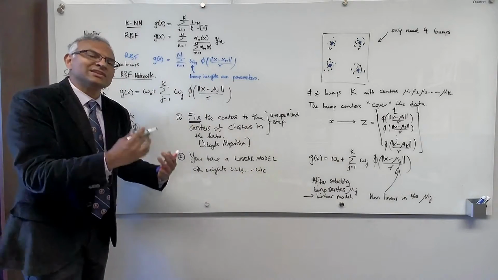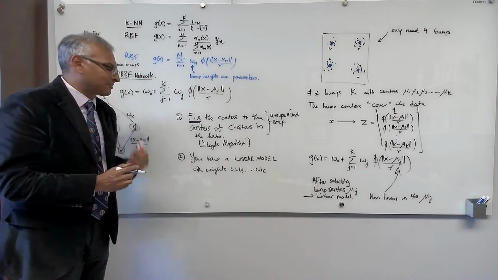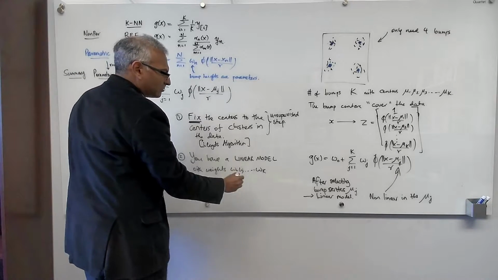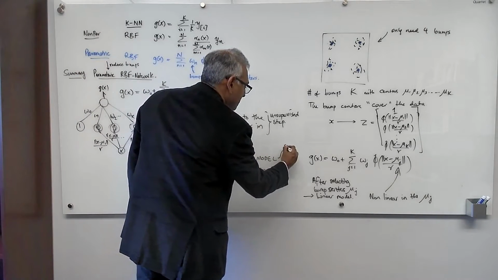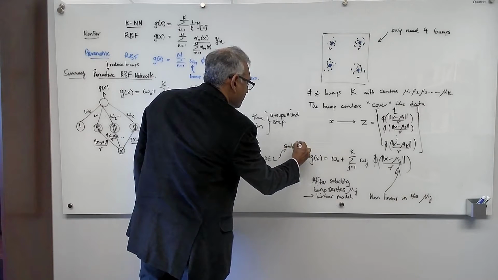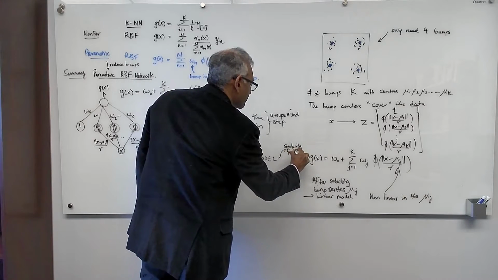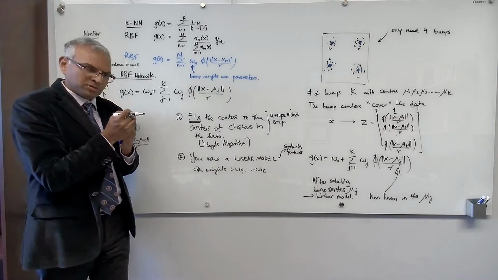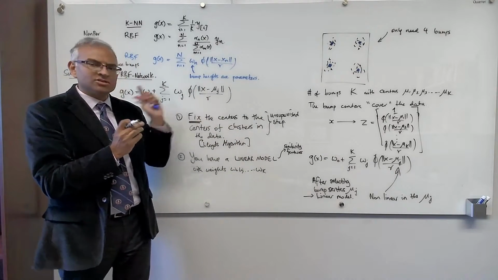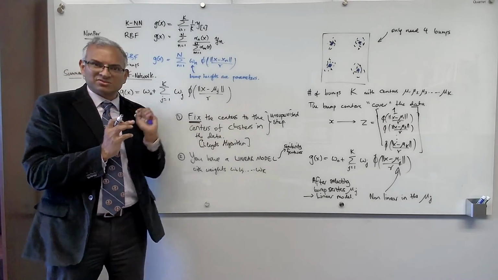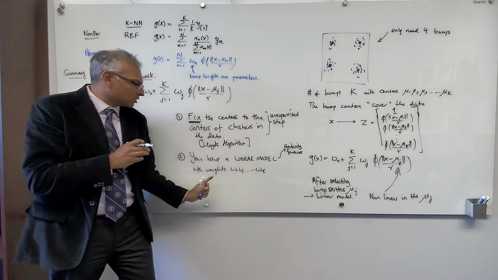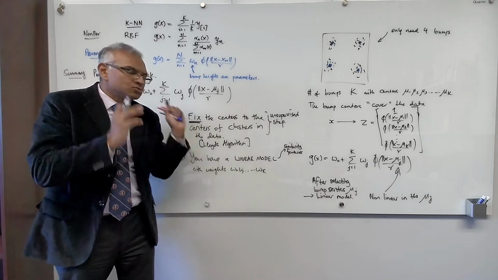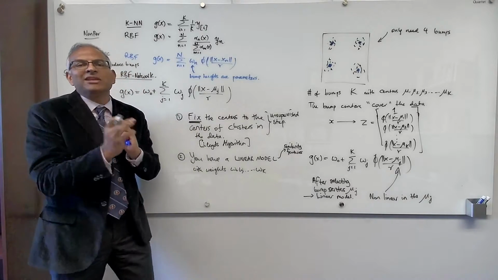You can use whatever linear model algorithm you want for your application. So you have a linear model with similarity features, where your feature for an input X is just the K similarities to your K centers, which you have fixed using Lloyd's algorithm.